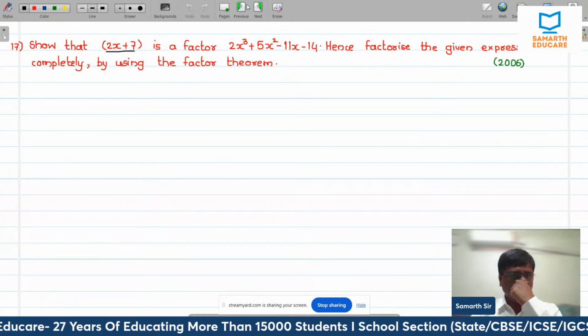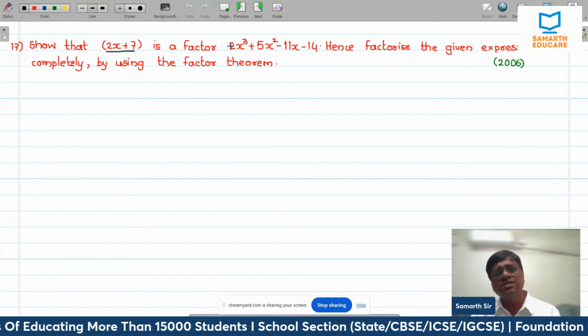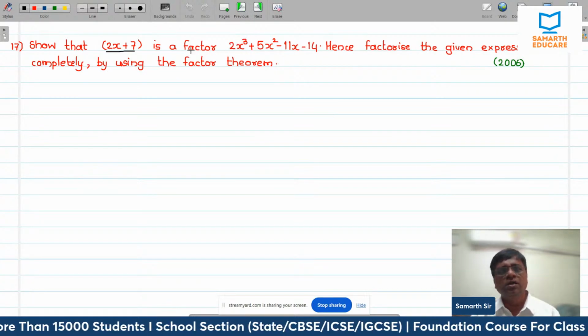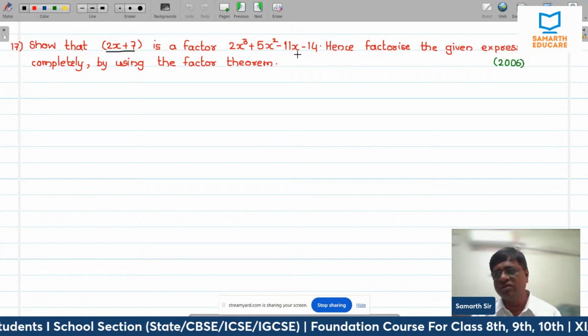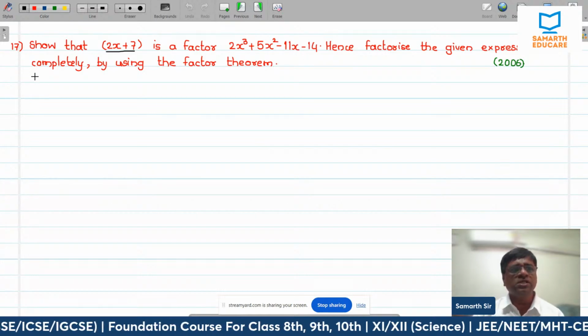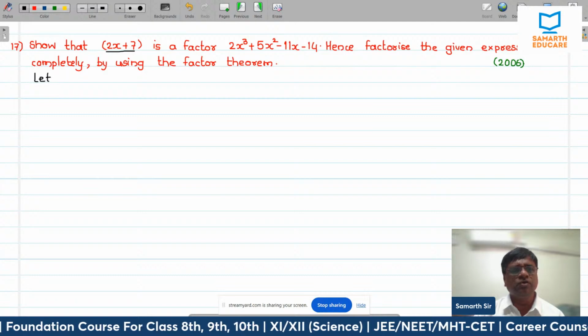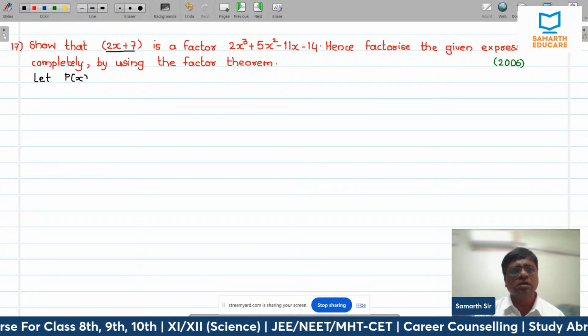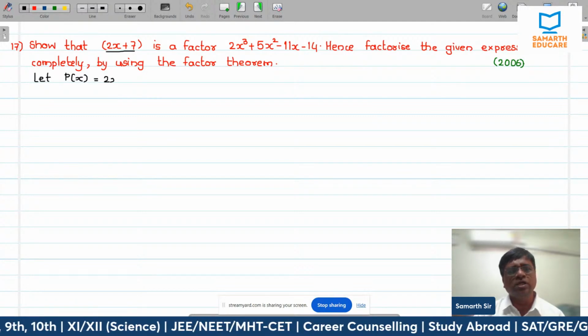All right. Now, the question is similar. We have to show that 2x plus 7 is a factor first and then factorize completely. All right. So let me say P of x is equal to 2x cube.